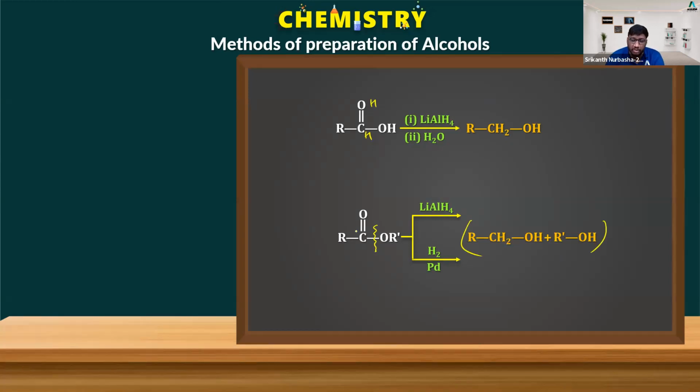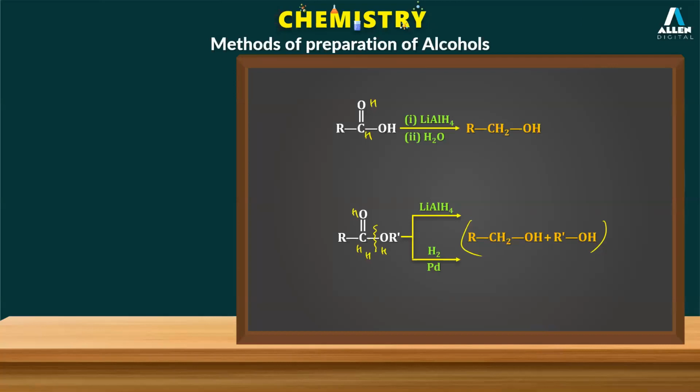Whenever you cleave this pi bond, you add two hydrogens, one to carbon and one to oxygen. Is that clear, students?